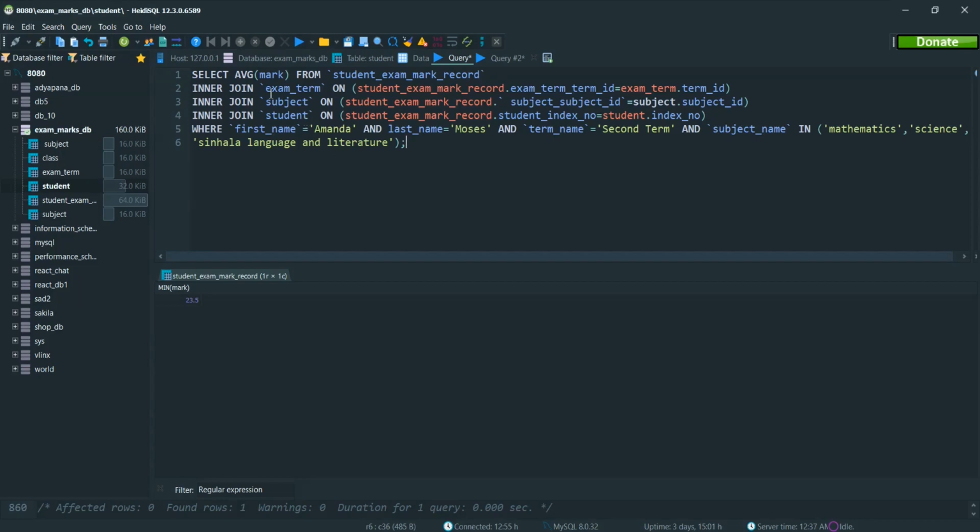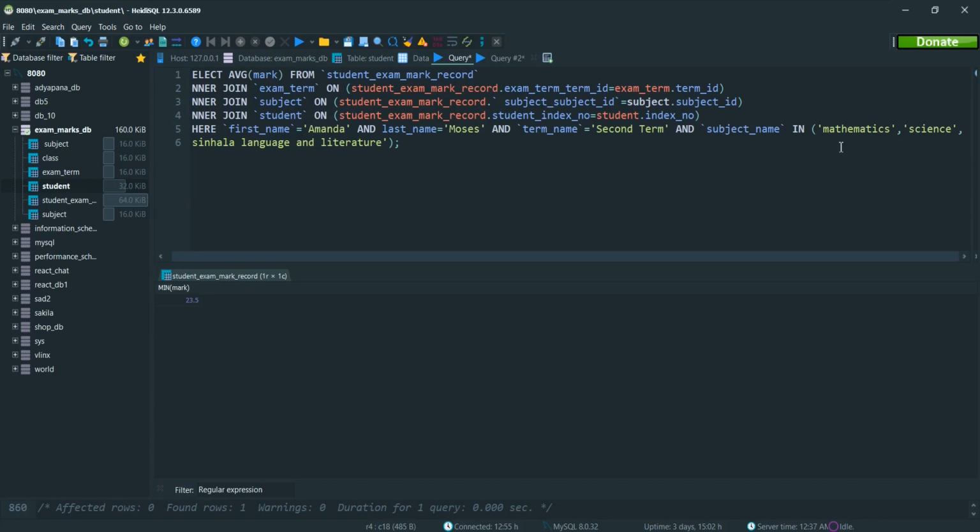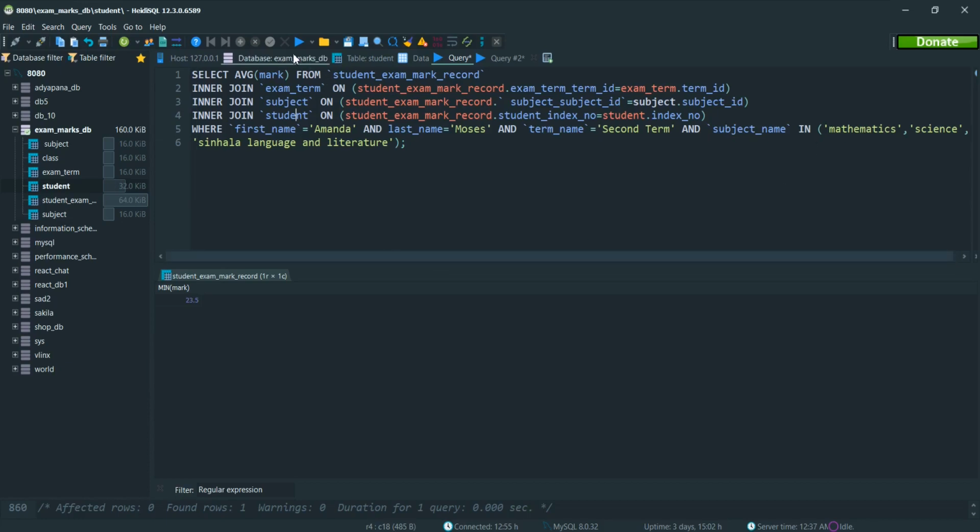So here, as you can see, I have used the average function to get the average of the marks, and I have used 3 inner joins to combine these 3 tables in one subquery. So the average adds up to 88.62666.